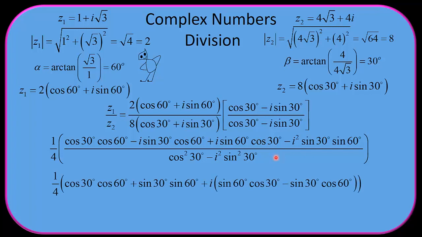So what I'm going to do is group the real parts together and group the imaginary parts together. So here's a real part, which is sine 30 sine 60, and this is plus now. A negative I squared is a plus 1. So I put this over here. There it is. I put it right there.